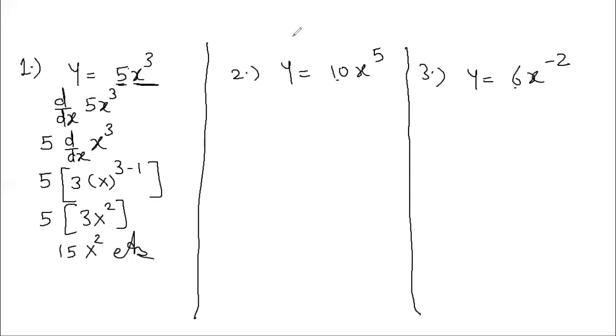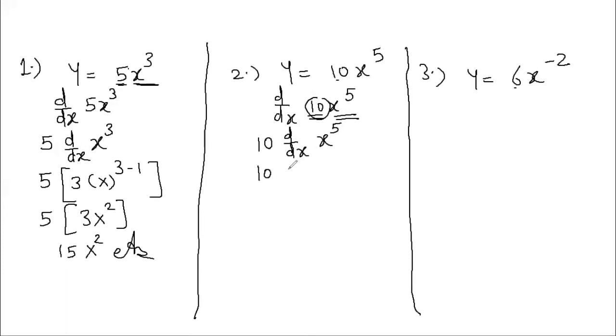Now let's do question number two. That question is y is equal to 10x to the power 5. So what is the differentiation of 10x to the power 5? 10 is a constant which is attached with the variable x to the power 5. You have to take 10 outside the differentiation. So 10 goes outside, and you have to do the differentiation of x to the power 5 only.